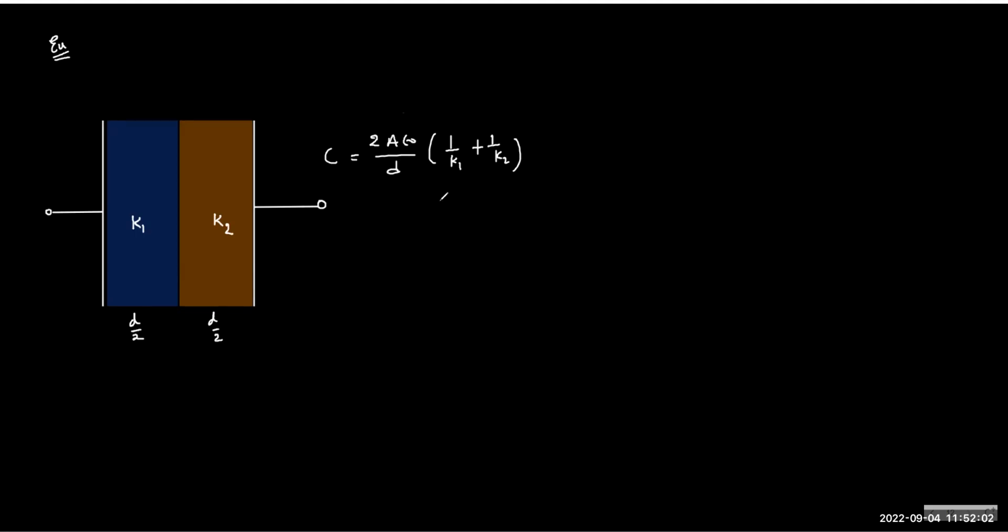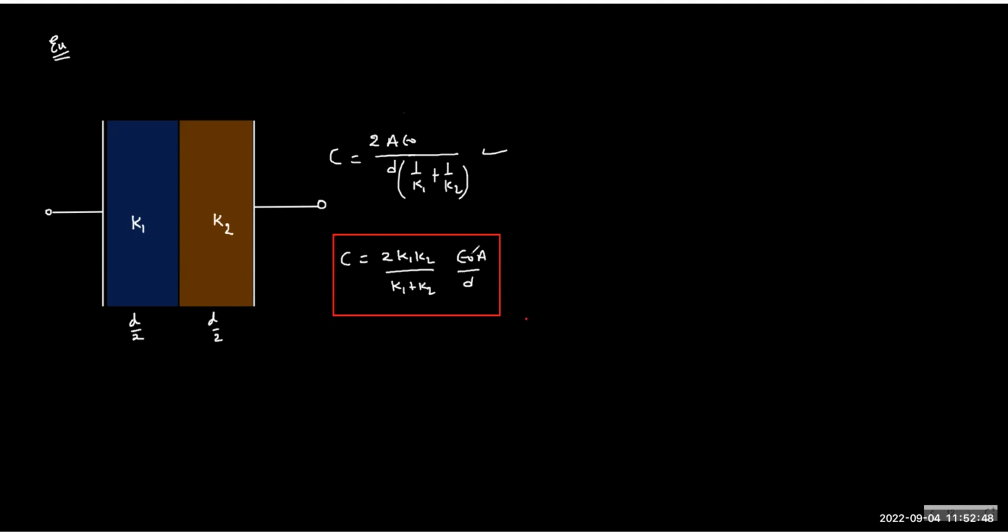This is the answer. So we can write this as 2 K1 K2 upon K1 plus K2, times A epsilon naught by d. Very good.